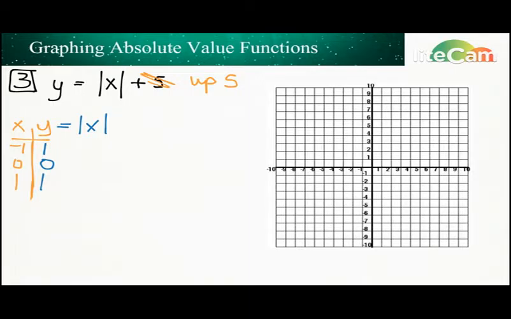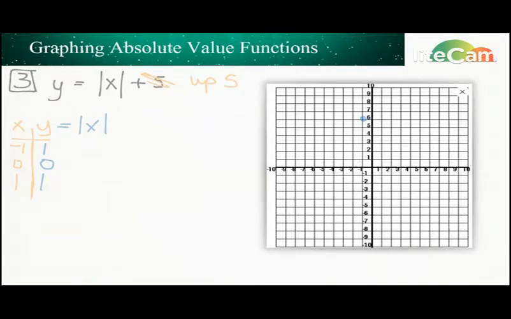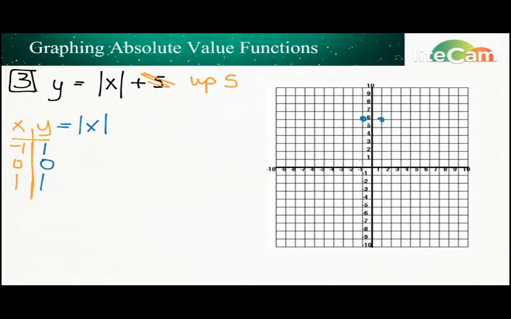Now, as I'm doing this, and I know I have to move up 5, you don't have to graph the parent function every time. So if you want to just go, oh, I'm going -1, but instead I'm going to go up 5 for every single one. So what I'm going to do is I'm going to go 1, 2, 3, 4, 5, because I'm going to shift everything up 5, right? Which means I'm going up to 6.